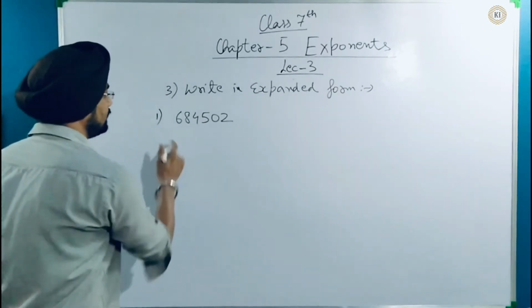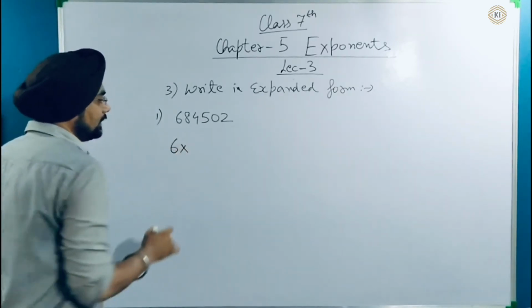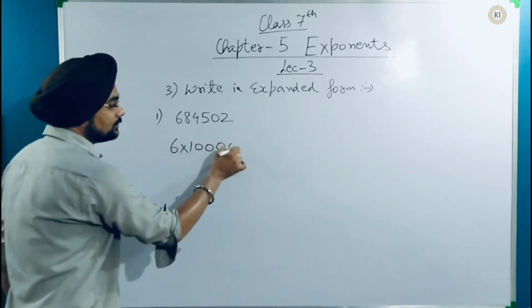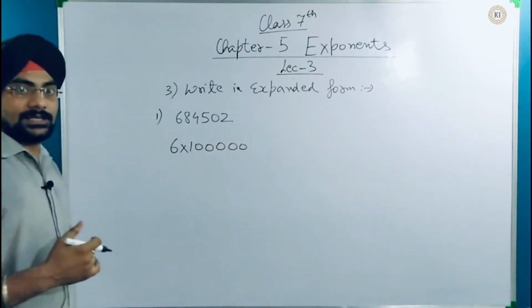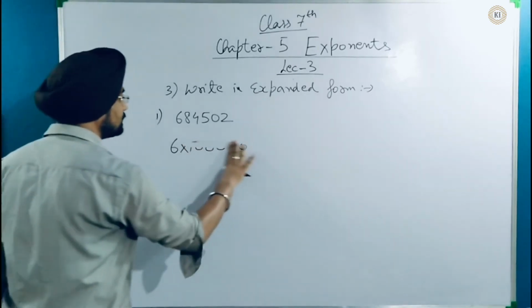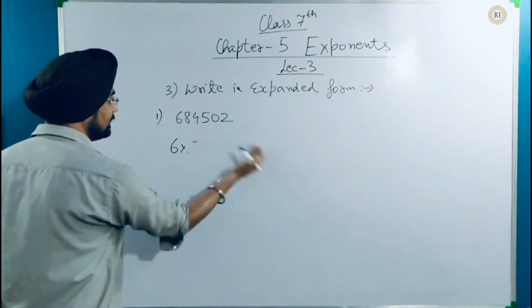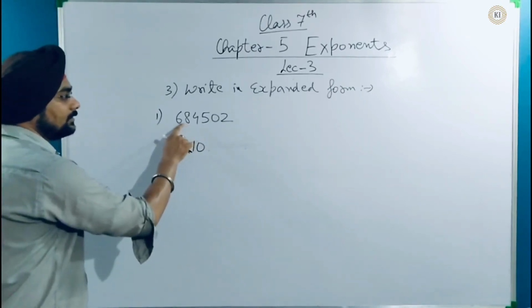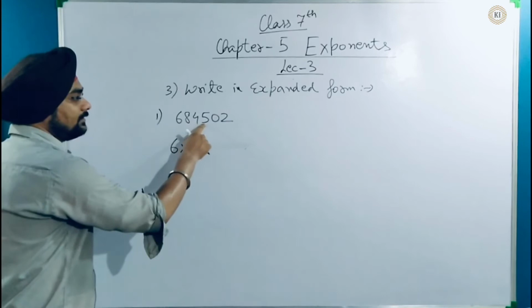So first of all, we take from here 6 into, but we will not write 100000. We have to express in the exponent form. So what we will do here, 6 into 10. Base will always be the 10 to the power. Now count 1, 2, 3, 4, 5.